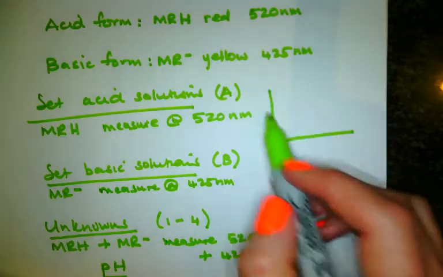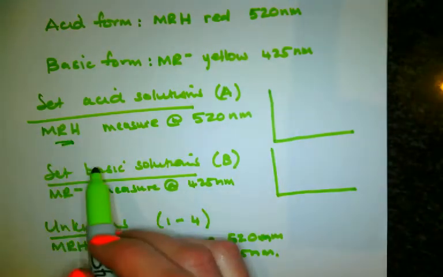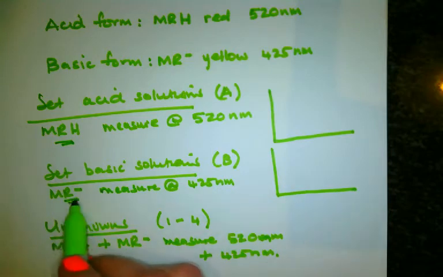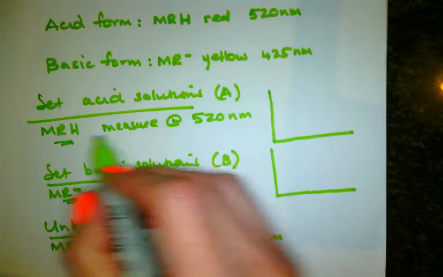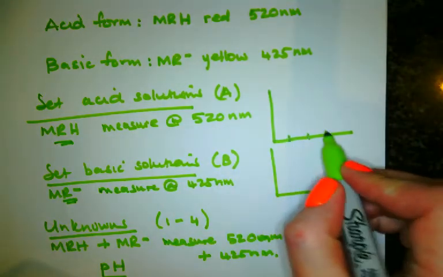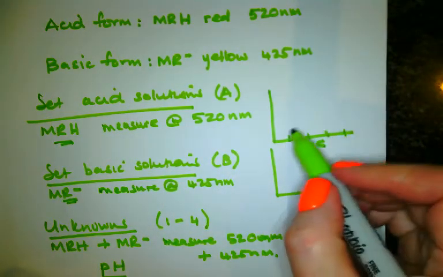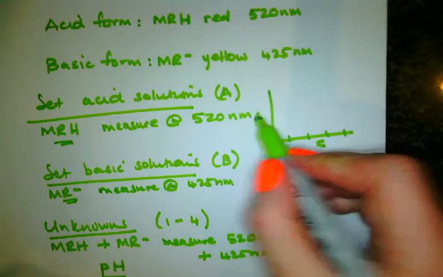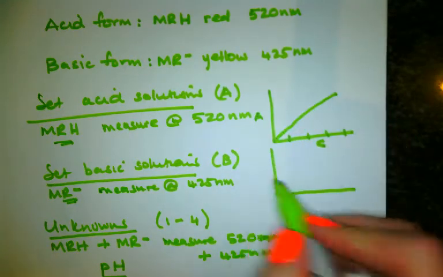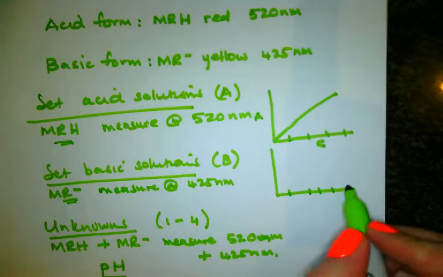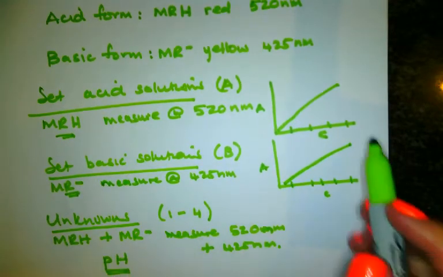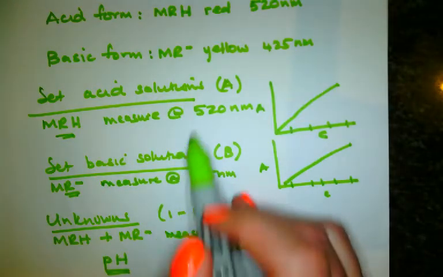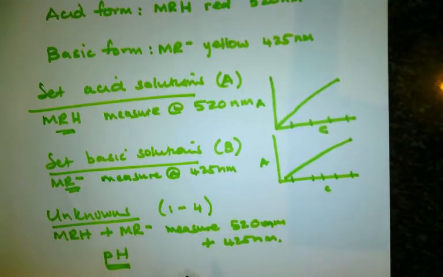This is basically a calibration graph for your MrH form, a calibration graph for your Mr- form. In this you're going to have your different dilutions. For your different solution concentrations, you plot absorbance, and the same for your basic form concentration, absorbance. So these solutions you just use to construct the calibration graphs.